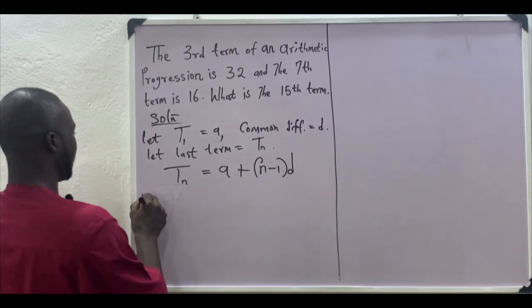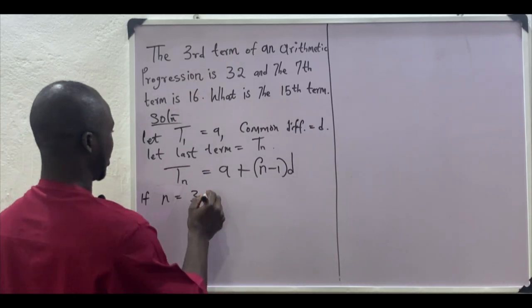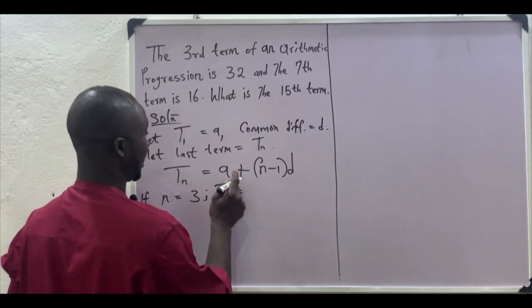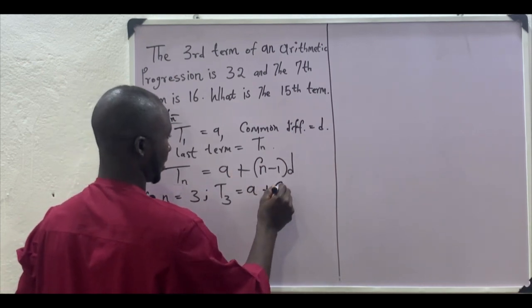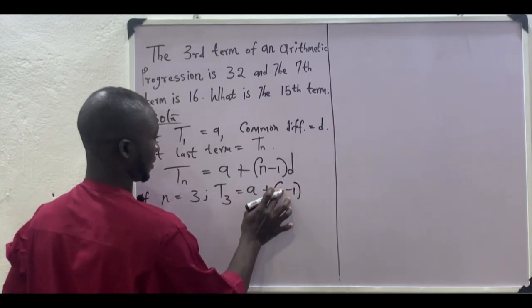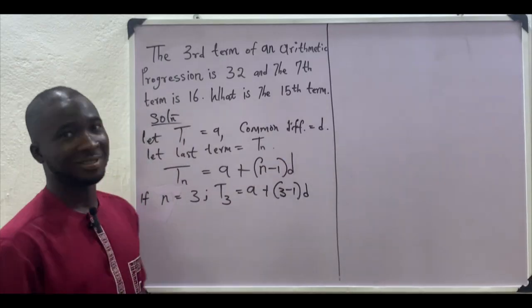So here we have that the third term of this sequence is 32. Here, n should be 3, because this is the third term. We then have that the third term, t3, will be a, of course we don't know it, plus 3 minus 1 times d, where d is the common difference.